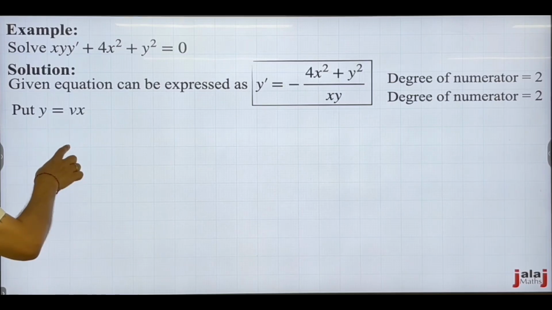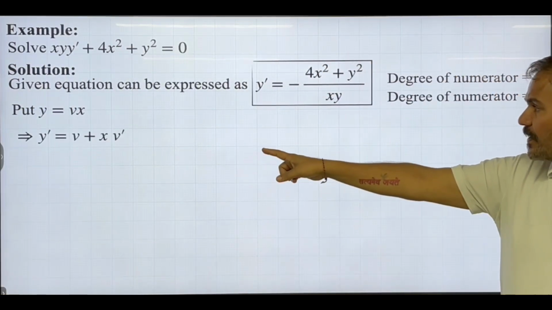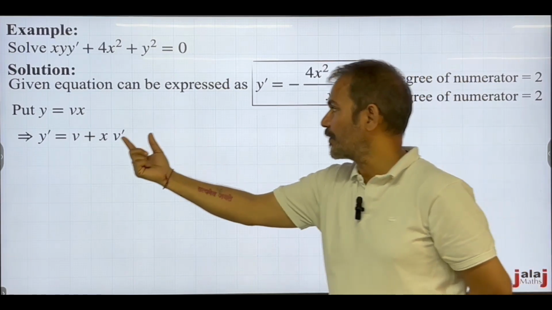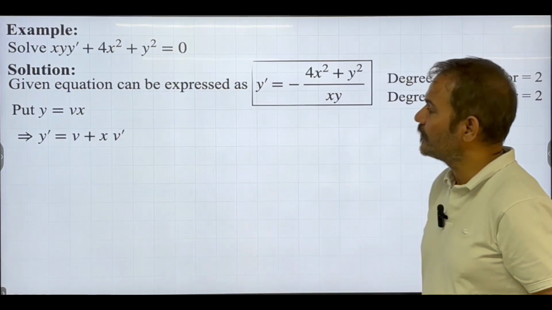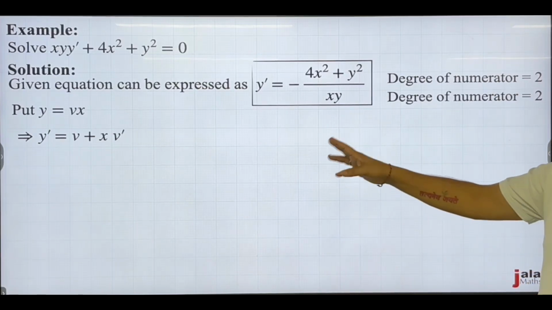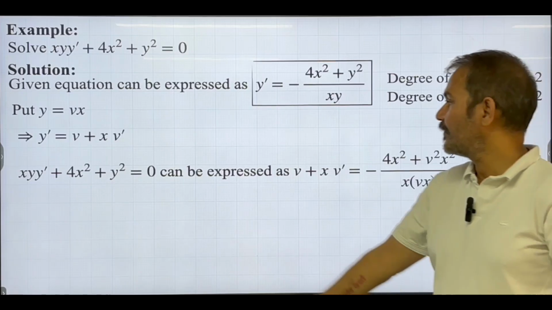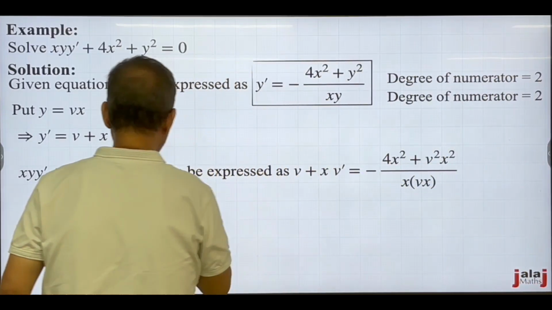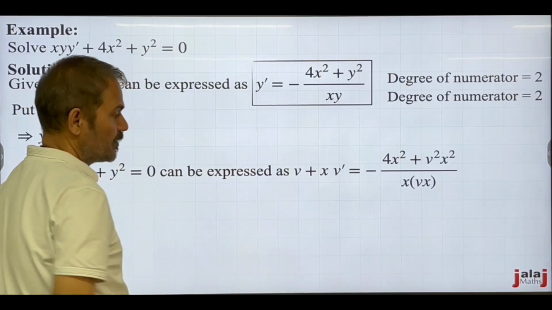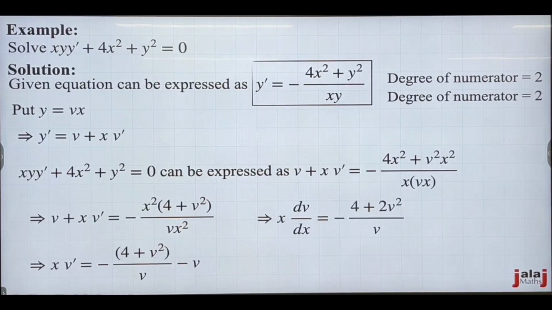So put y is equal to vx. When you put y is equal to vx, dy by dx will be v plus x times dv by dx; we are using the product rule, v as it is times the derivative of x, plus x as it is times the derivative of v. Now we rewrite the given equation in terms of x and v. When we rewrite x y prime plus 4x squared plus y squared equals 0, this is how it looks, and when you simplify it, after 2 steps, it looks like this.